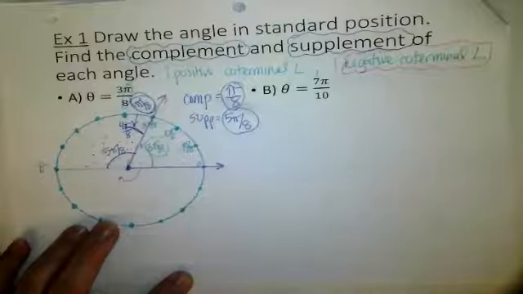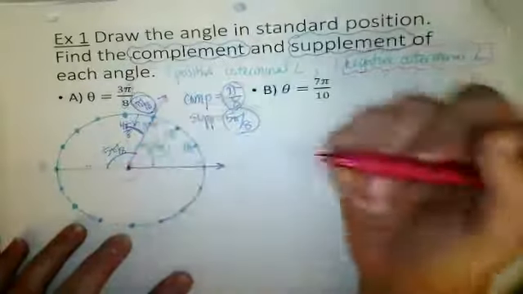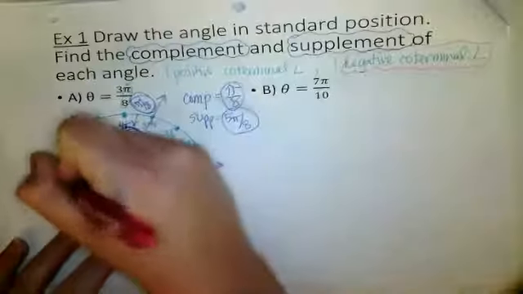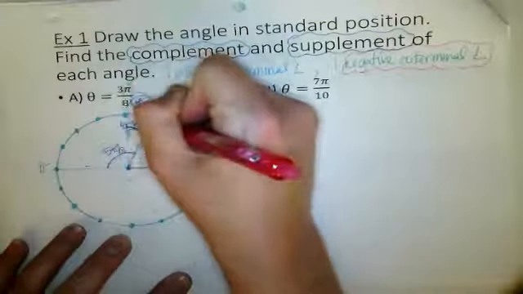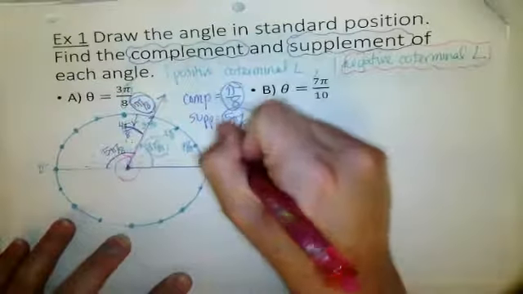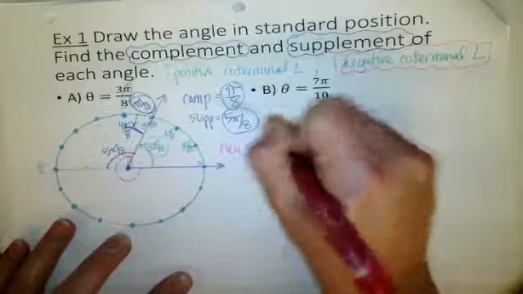How big is that? 1, 2, 3, 4, 5, 6, 7, 8, 9, 10, 11, 12, 13. Negative 13 pi over 8.